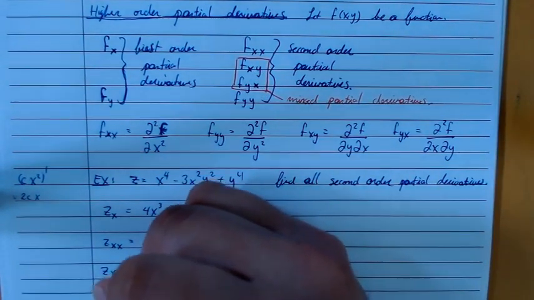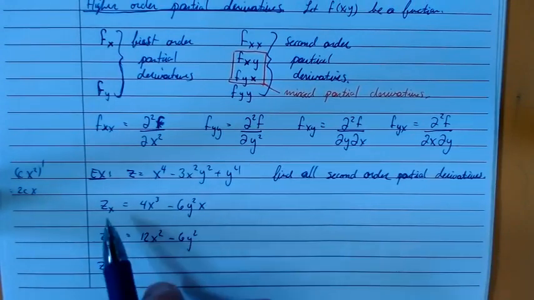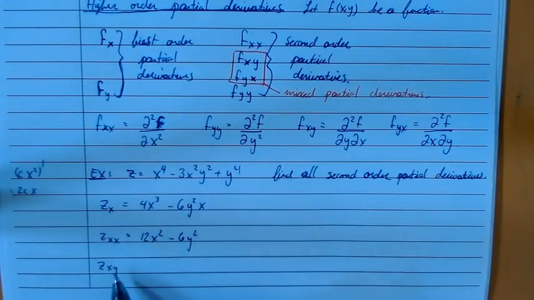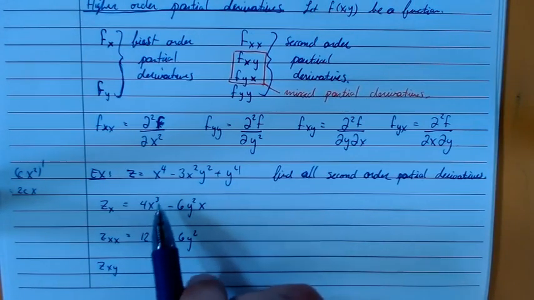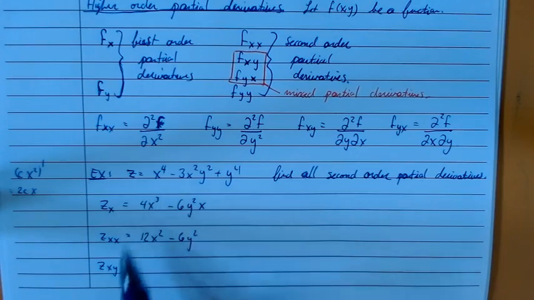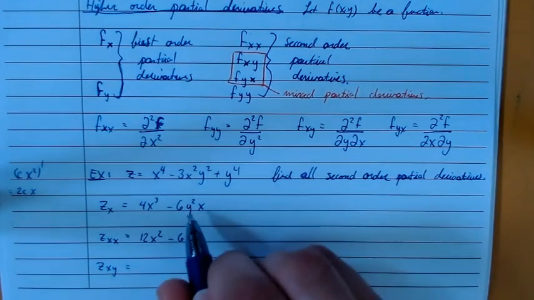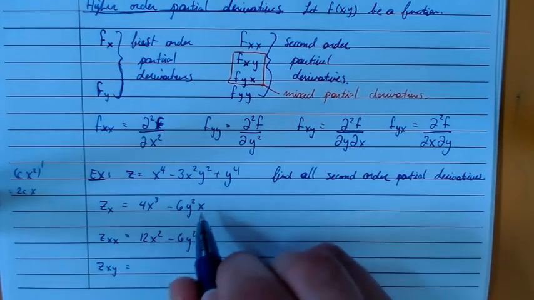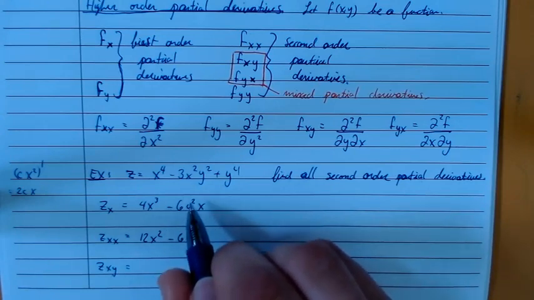Let's go and take a look at z sub xy. So we start with a partial with respect to x, and then apply a partial with respect to y. Okay, well, here's our partial with respect to x. If I take the partial of this with respect to y, I get 0, because here this is a constant with respect to y. So I don't worry about that one. If I take the partial with respect to y of this one, my minus 6x is a constant.